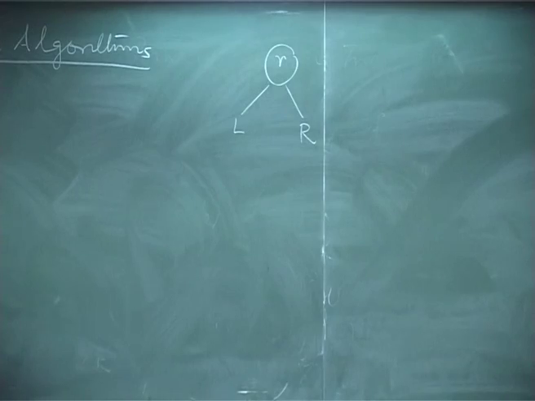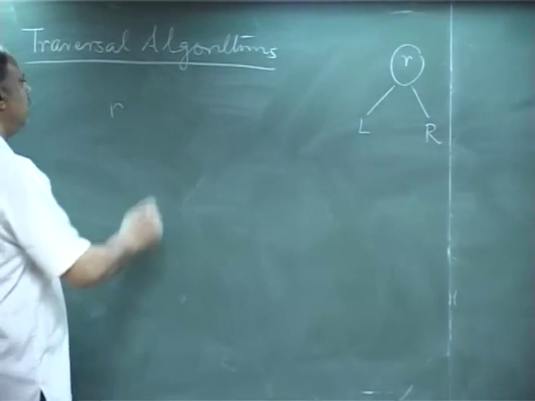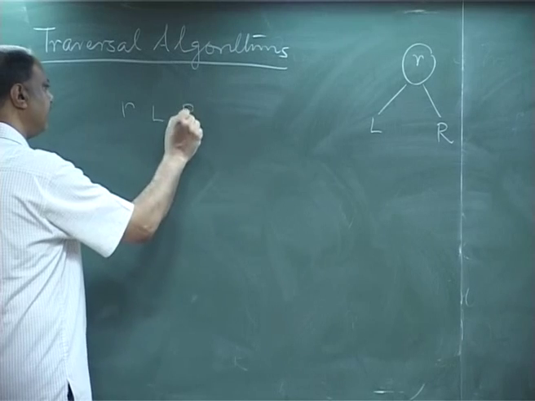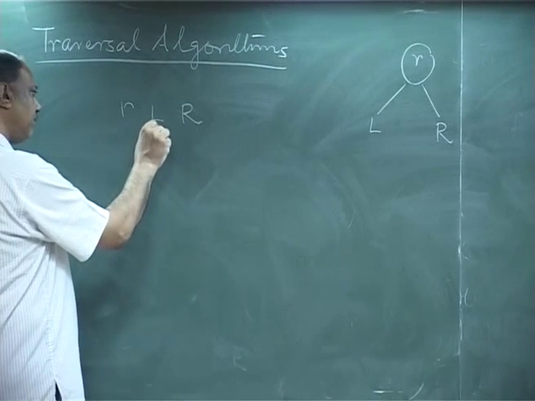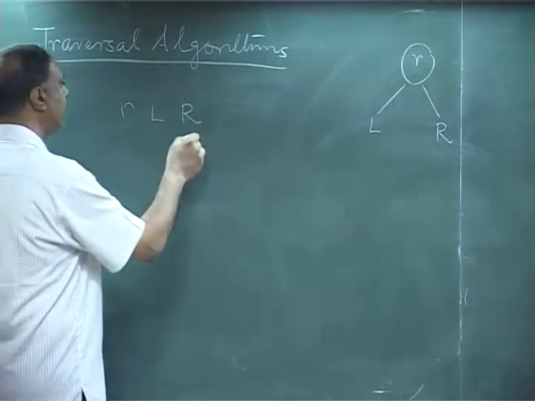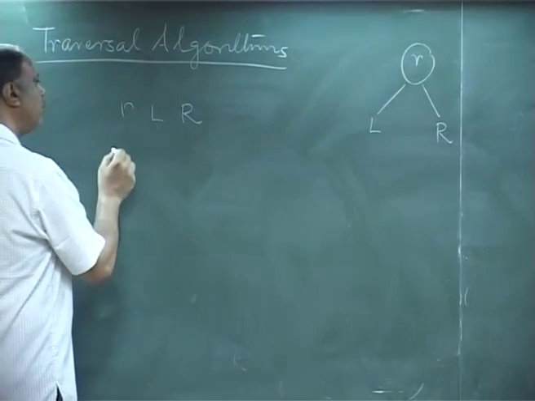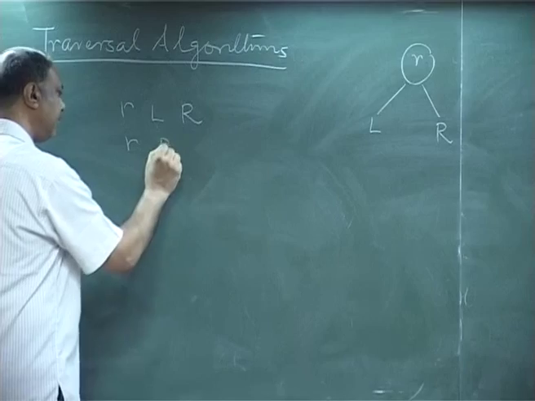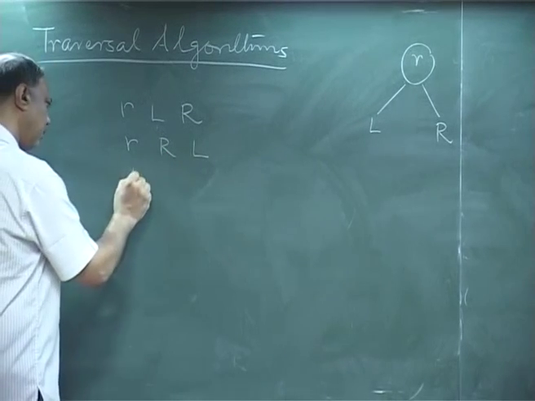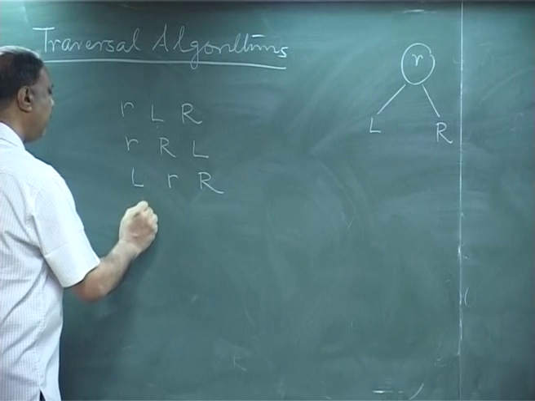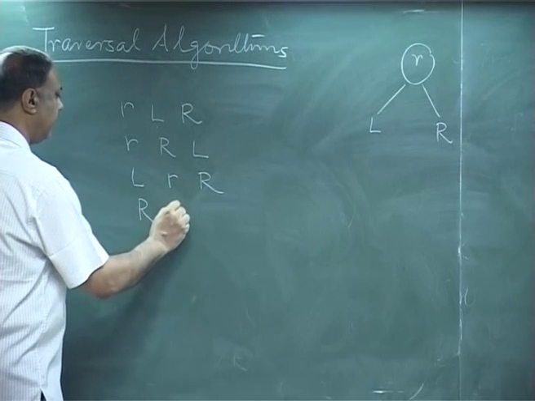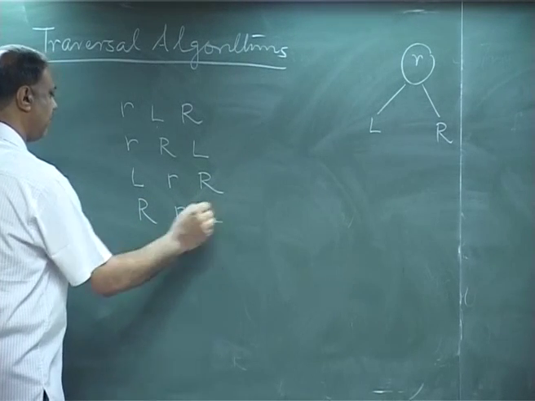In order to traverse this binary tree with n nodes, there are several ways. One way could be that I traverse first root, then left subtree, then right subtree, and recursively I go for the left subtree root, left, right, and so on. Another one could be root, right subtree, left subtree. Another one could be left subtree, root, right subtree. Another one could be right subtree, root, left subtree.